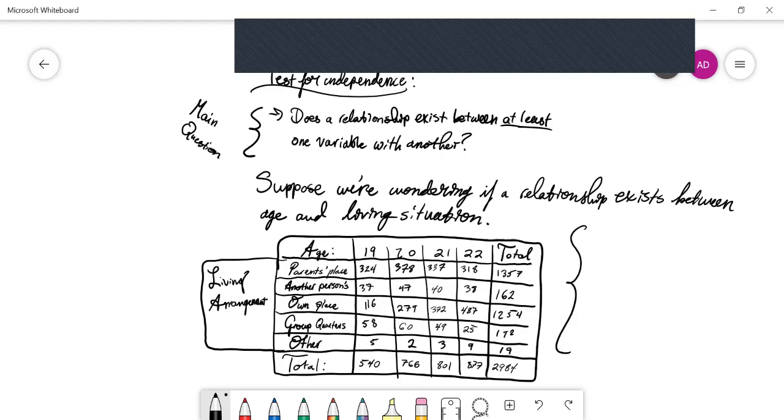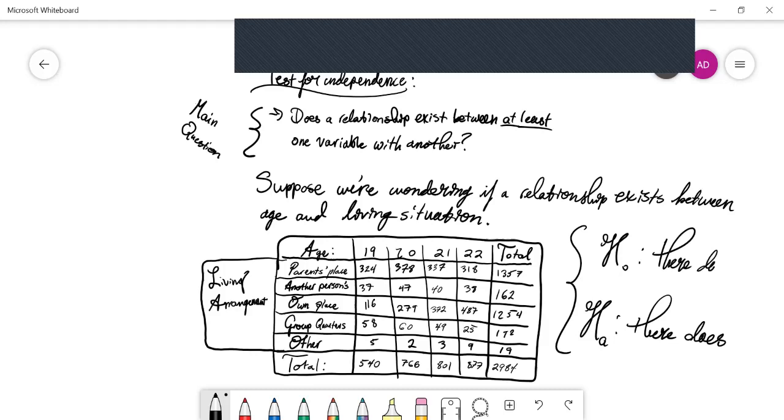So just as a quick aside, our alternative would be there does, and the null there does not. Okay. And also, if you recall earlier, the fact that a chi-squared always looks like this, all of our tests are going to be one-sided.